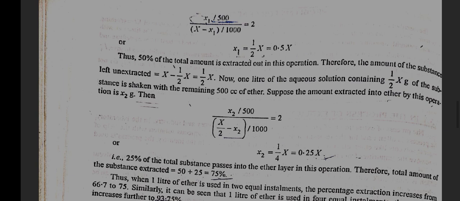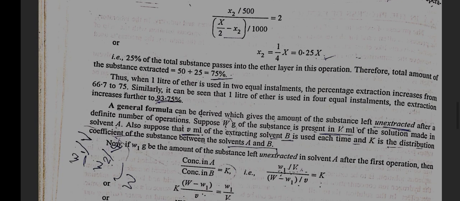Then (x2/500) divided by ((x/2 - x2)/1000) equal to 2. x2 is equal to 0.25x. That is 25% of the total substance passes into the ether layer in this operation. Therefore, total amount of the substance extracted is equal to 50 plus 25 is equal to 75%.